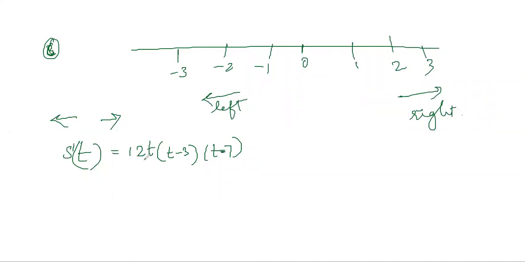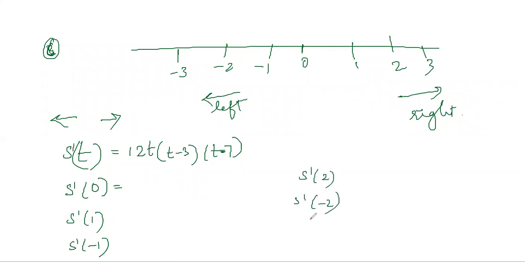Now at 0, you have to keep adding the numbers. So you need to find s dash at 0, s dash at 1, s dash at minus 1, similarly s dash at 2, s dash at minus 2. When you find all these, what value are you getting? I haven't solved this, but this is how you do it. Suppose you're doing s dash at 0, what value are you getting? Either it is 0, or less than or greater than 0.